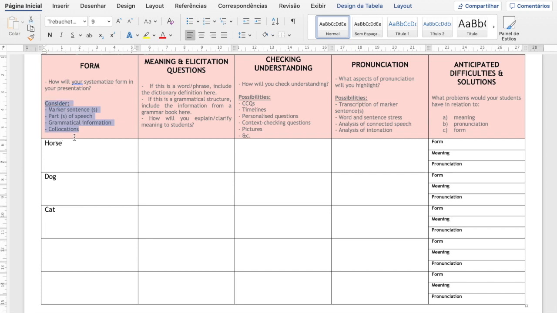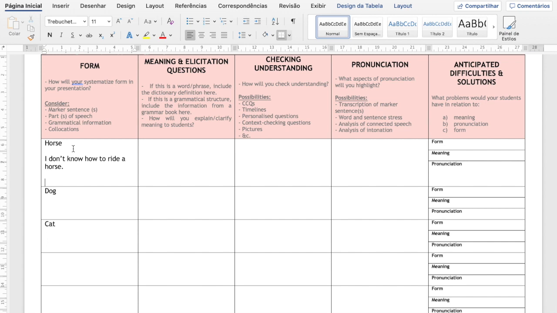So you can consider these things here: marker sentences, part of speech, grammatical information, collocations. So for instance, a marker sentence with horse would be, I don't know how to ride a horse.